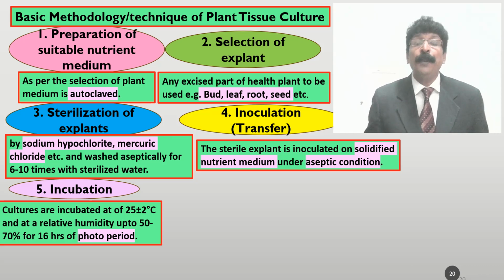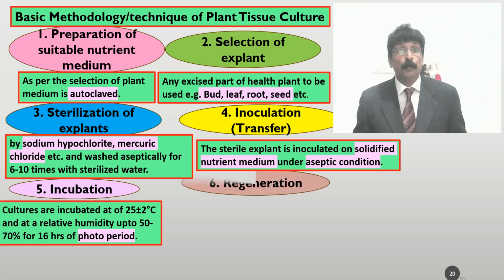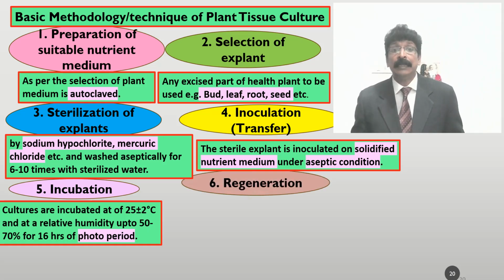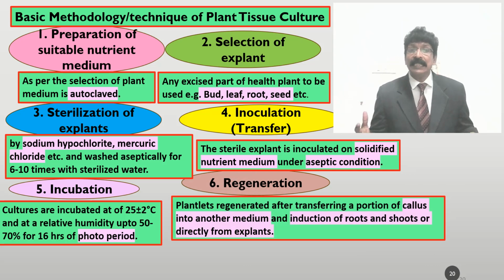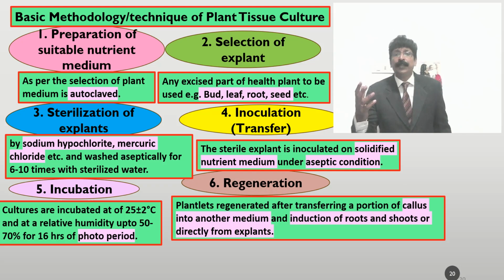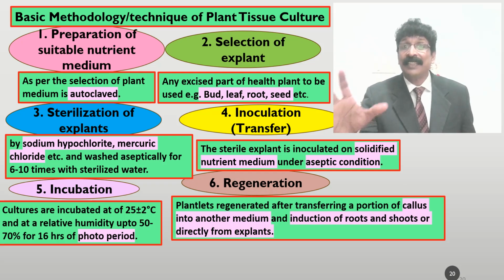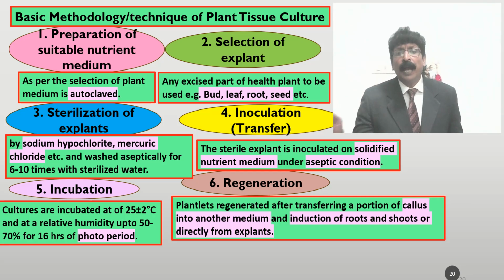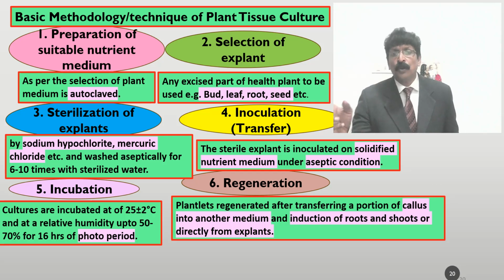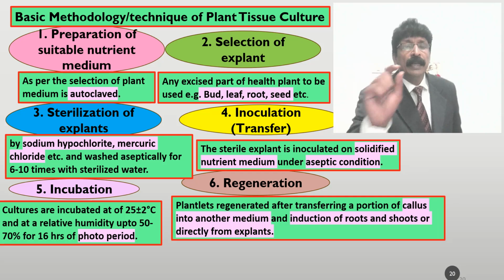So the photo period will be given by incubation at a proper temperature. The sixth one is regeneration. The plantlets regenerate after transferring a portion of the callus culture, the callus which is developed, to another medium, and induction of roots and shoots, or directly from explants.